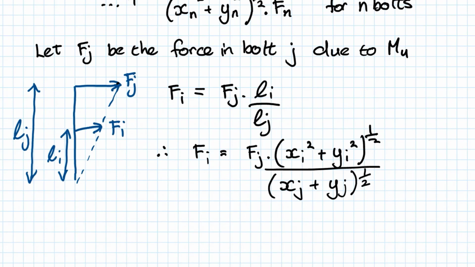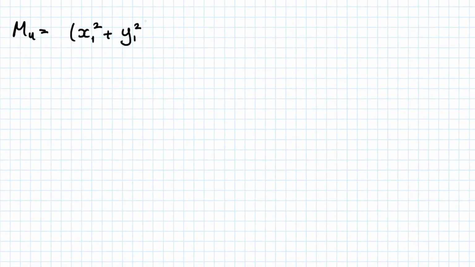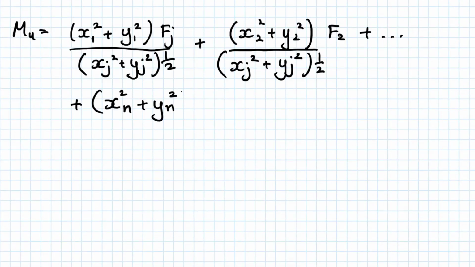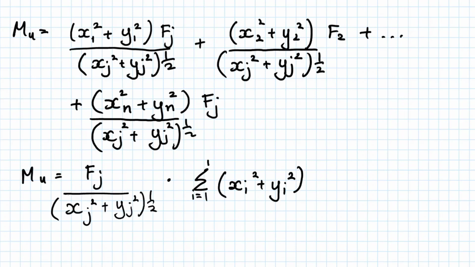Working out diagonal distances is more difficult, so this makes our calculations simpler. So here we have the moment in terms of force F subscript J. Now we can take this further and manipulate this into a form that we can use.